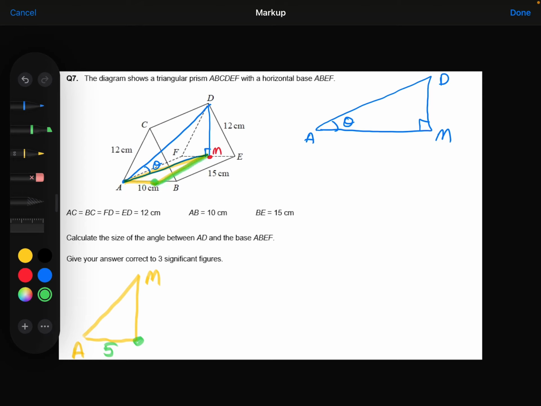From here to here, well, that's just 15. So we can work out A to M from here to here by doing a little bit of Pythagoras.